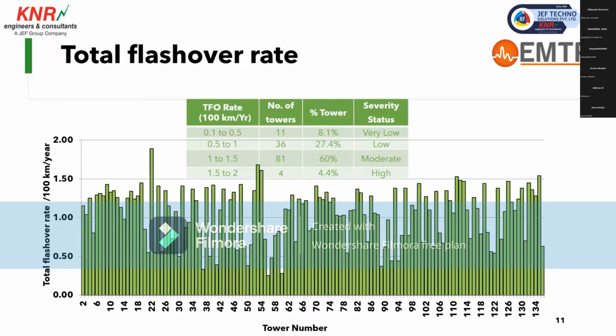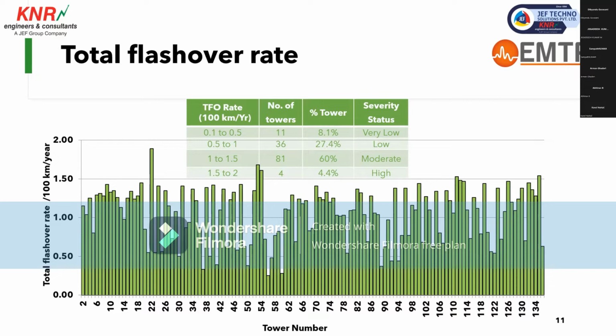And flashover rates, if we look at this result, we find that around 8.1% of towers have a very low flashover rate of 0.1 to 0.5, and around 30% are in the range of 0.5 to 1, and 60% of towers are in the range of 1 to 1.5, and around 4.4% have a flashover rate of more than 1.5.